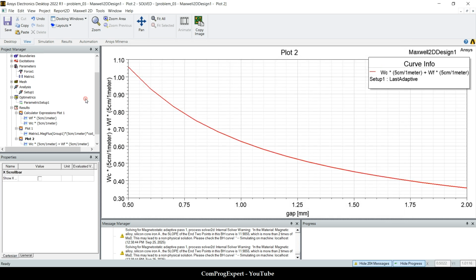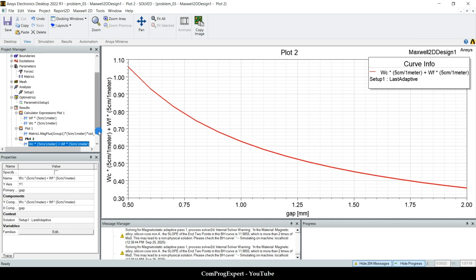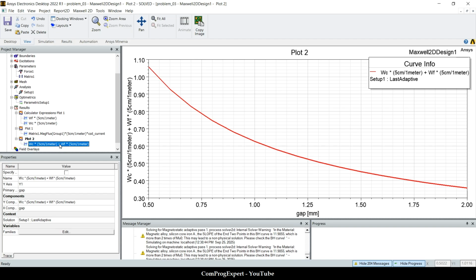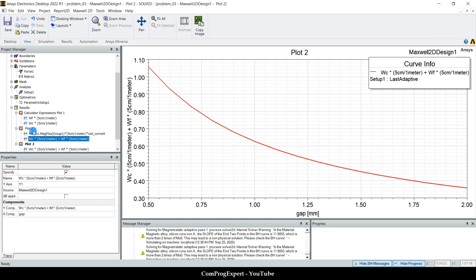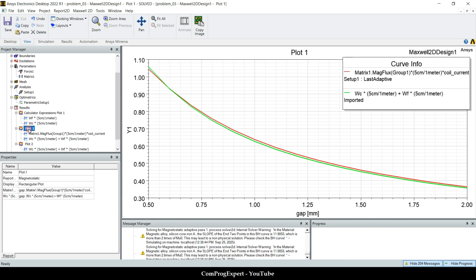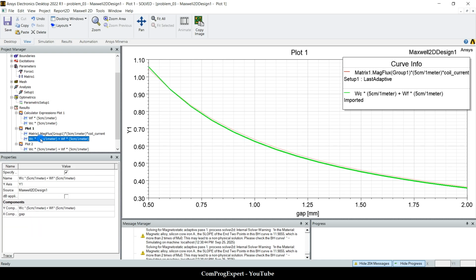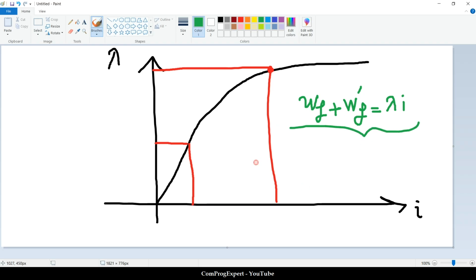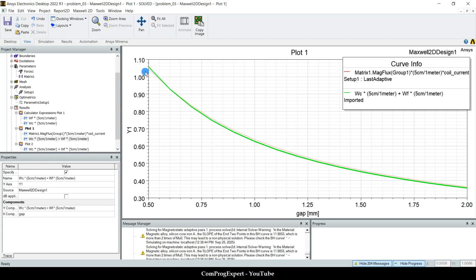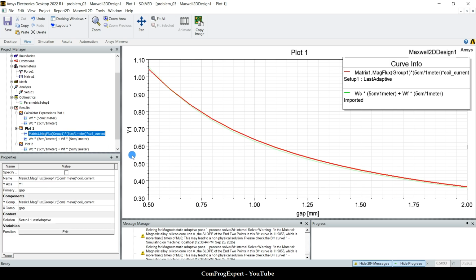Now you can drag and drop this on this axis to compare. As you can see, in this figure we have these two quantities, the summation of the energy and co-energy, and this is lambda times I, close to each other. Yes, we have some numerical noises, but these two are the same.